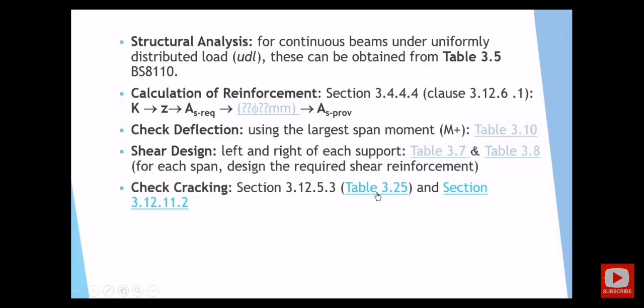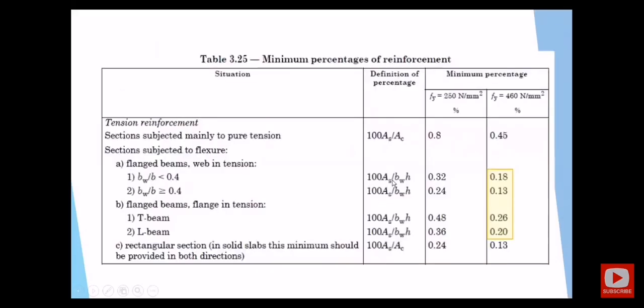From table 3.25, it will give you the minimum percentage of reinforcement. Okay, you have here values for flanged beams when the web is in tension, and for flanged beams when the flange is in tension. And you have different values here based on the steel that you are using. Usually we are using high yield steel, so these are the values. It depends on which type of beam you are designing.